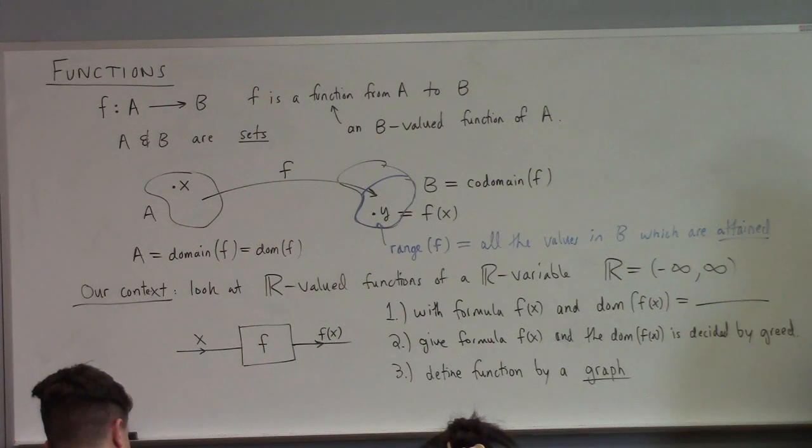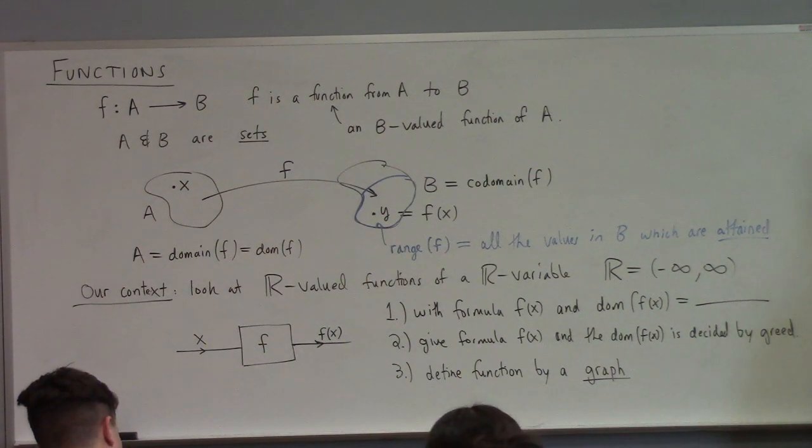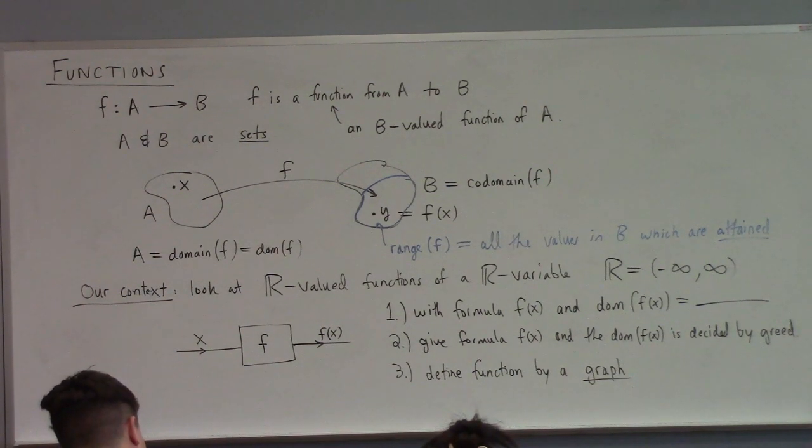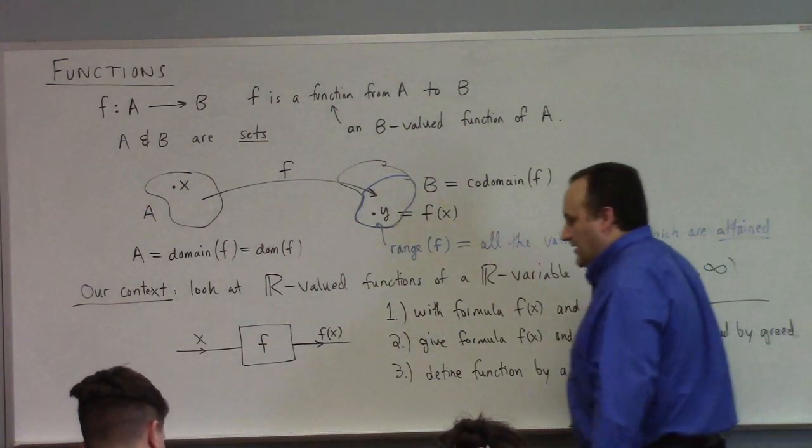Graph of a function is equal to x comma y such that x is an element of the domain of f and y is equal to f of x. Now I use some math language there, so I'm going to put it into plain English in just a second.